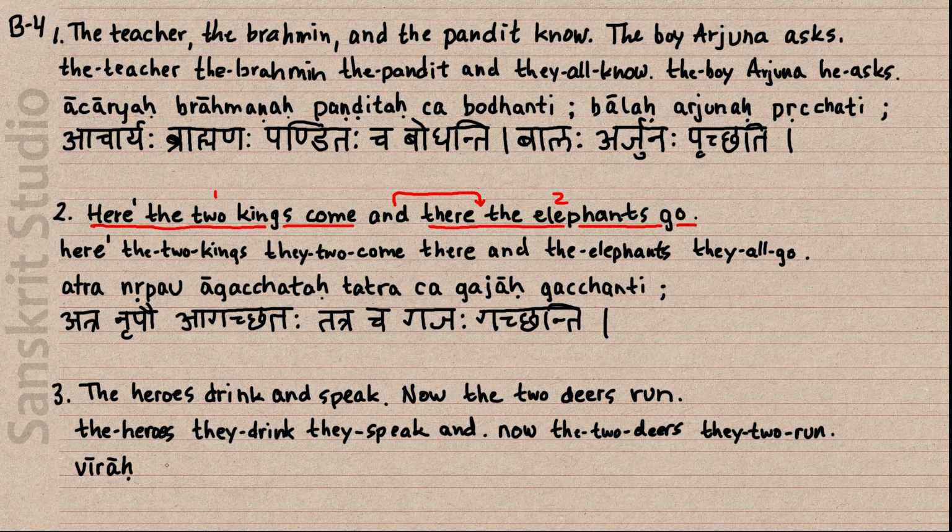Of course we have pibati here, drinking, in singular, but now we have many of them, then plural pibanti. And also about speaking. Okay, so we have vadati, but in plural becomes vadanti.